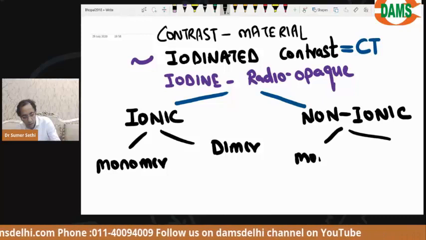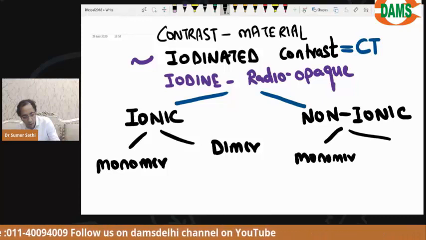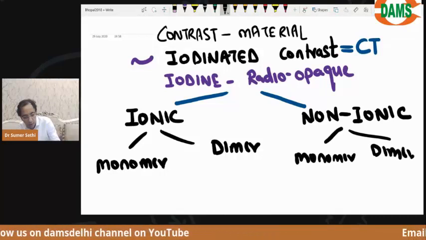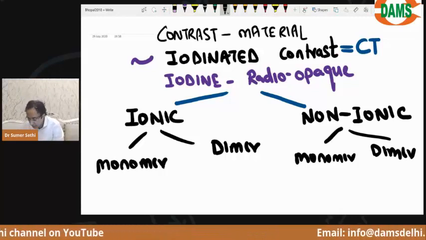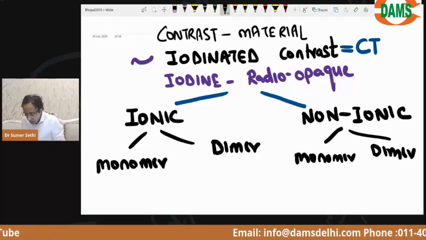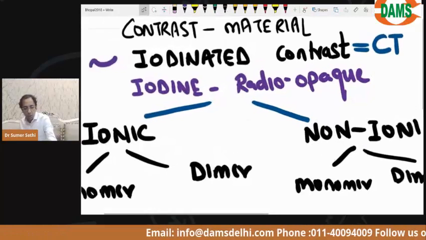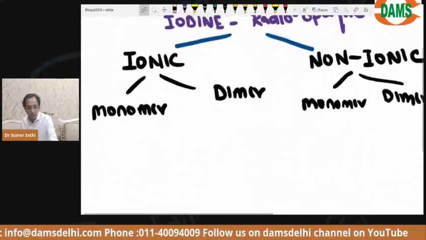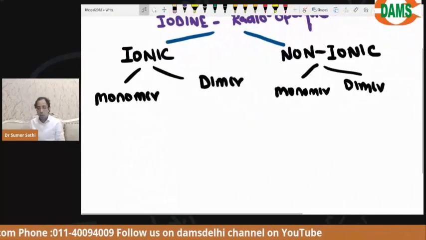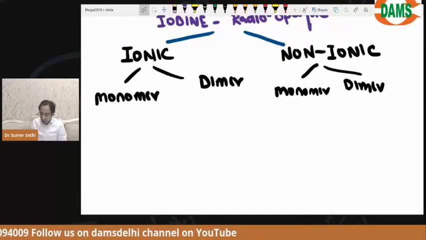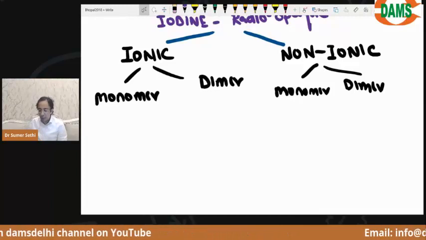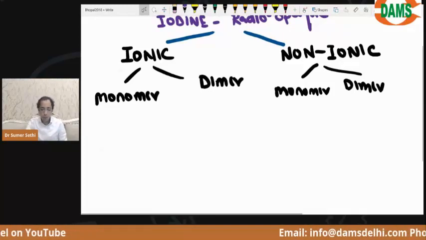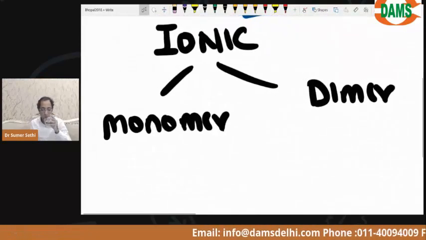Monomer, dimer. You need to write it down. Iodinated contrast are iodine-based dyes that are used in CT. They can be classified into ionic and non-ionic, which can be further classified into monomers and dimers.